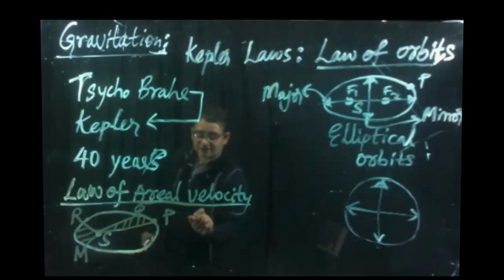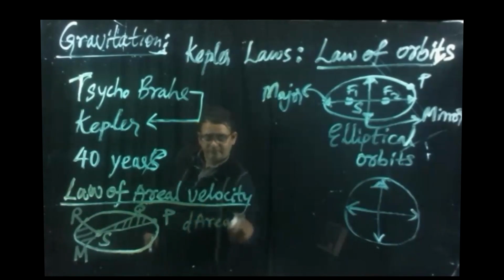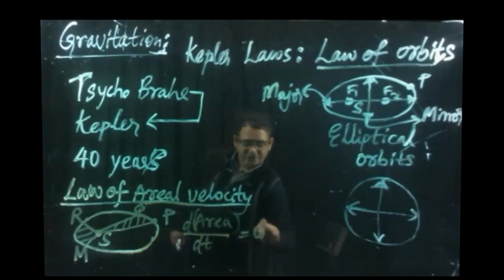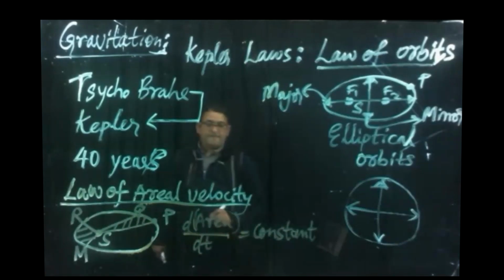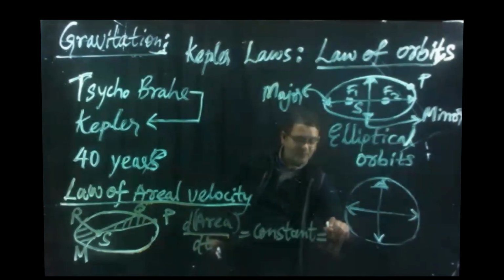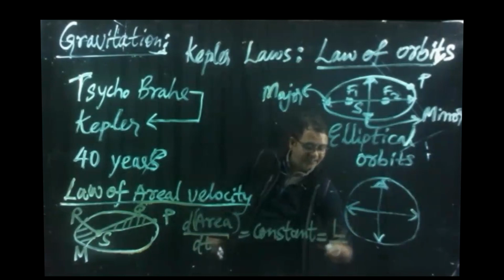So aerial velocity is constant. And we will prove it to be its angular momentum by 2m.